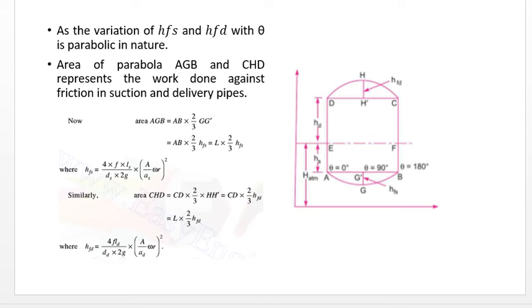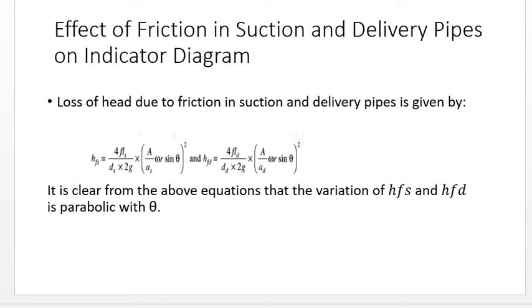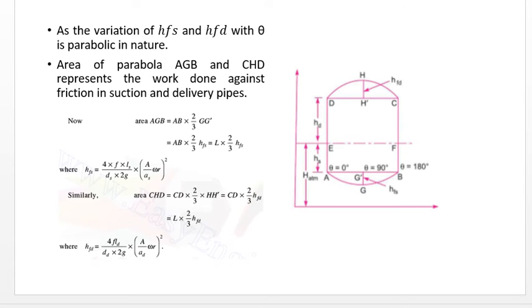This is clear with the help of this diagram. From this formula, it is clear that HFS and HFD are parabolic functions of θ. So this indicator diagram changes in a parabolic manner.